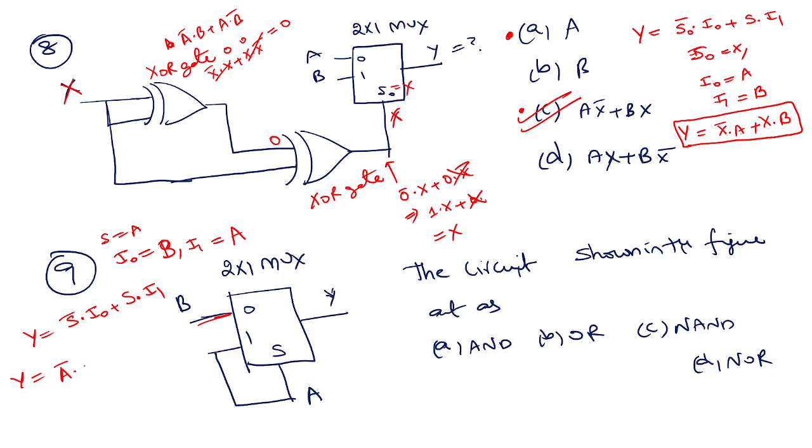What is I0? B plus, S is A. What is I1? A. This is A plus A complement B plus A. What is A plus A complement B? A plus B into A plus A complement. A plus A complement is 1.